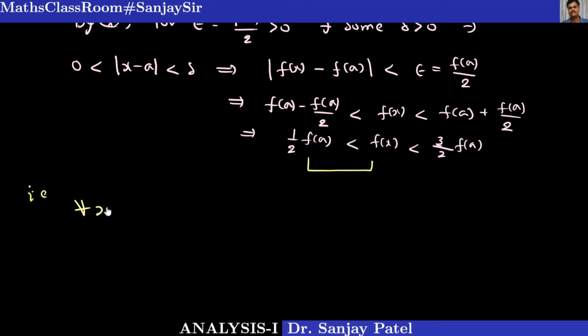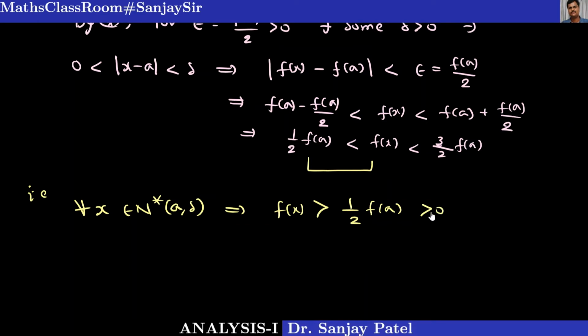for every x belongs to N star of a comma delta, I have f of x greater than 1/2 times f of a. That means this value f of x for any x is always greater than this number, but this number is positive.